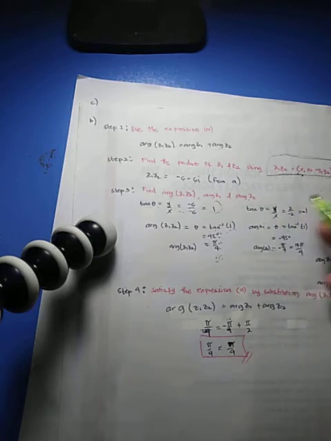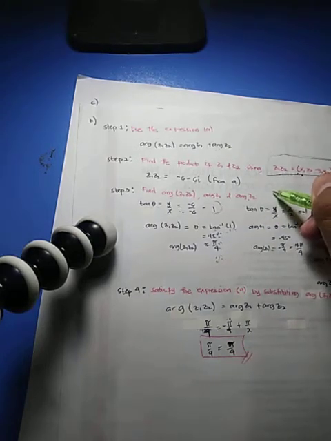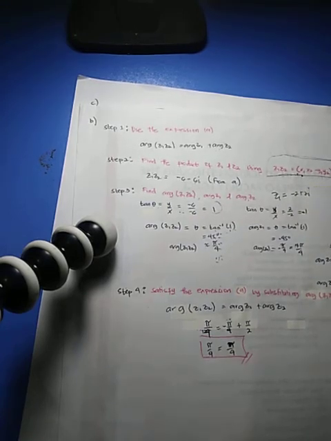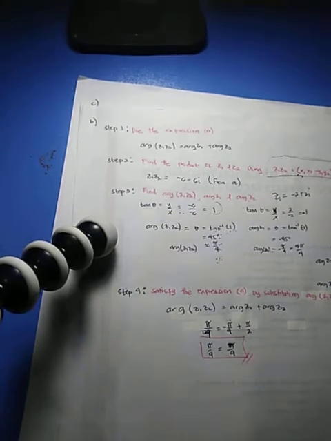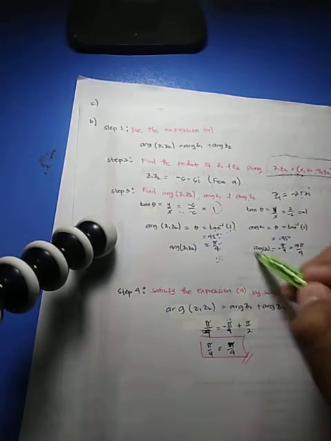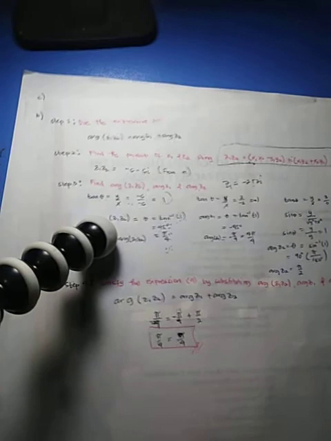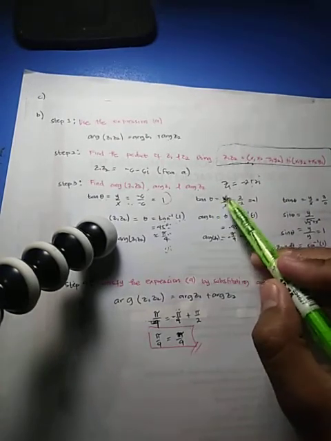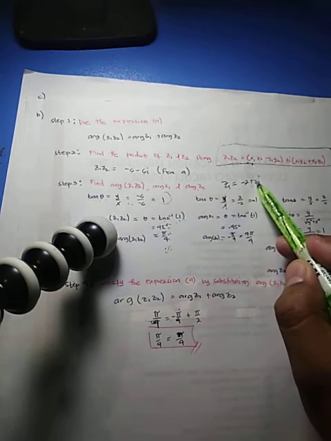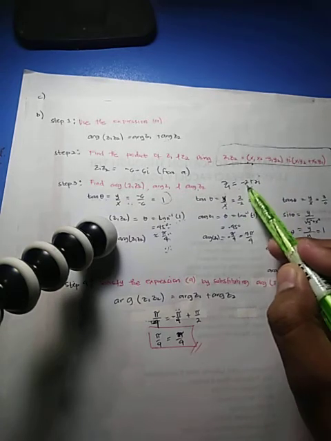To find the argument of Z1, we have to use our original formula where Z1 is equal to negative 2 plus 2i, if I'm not mistaken, from our problems. Let's check, in case we made a mistake. Okay, correct, Z1 is equal to negative 2 plus 2i. So this is the calculation to find its argument. Tangent theta again is equal to y over x, where y is positive 2 and x is negative 2.